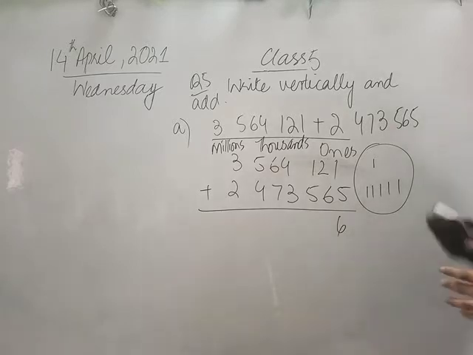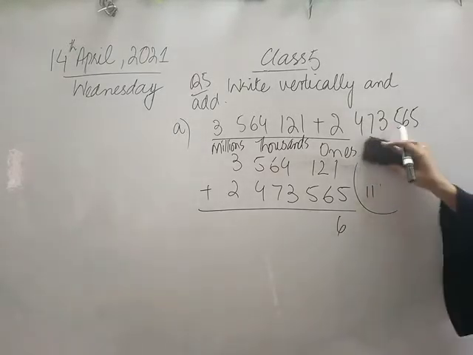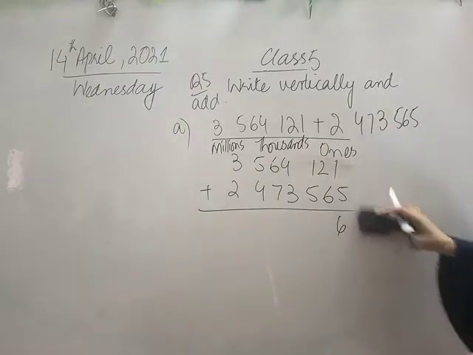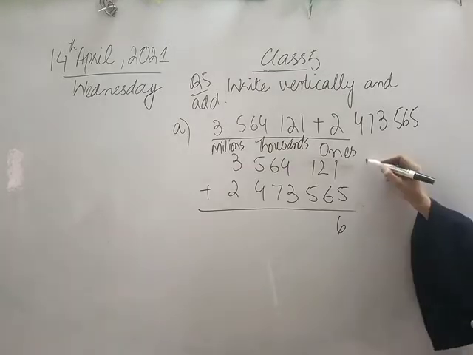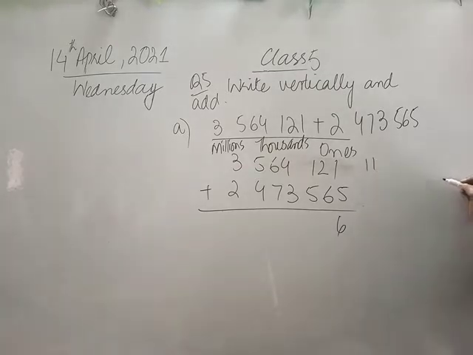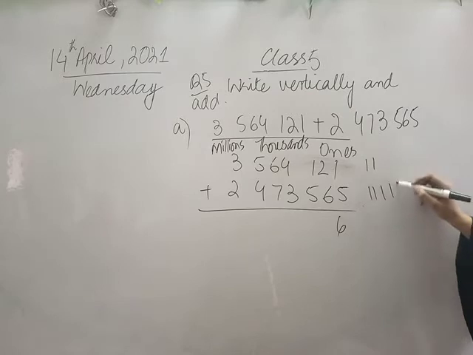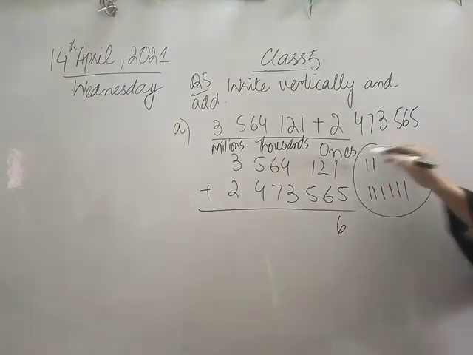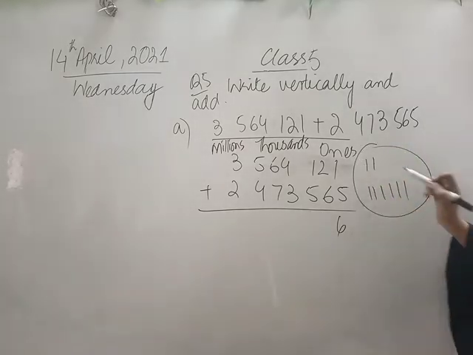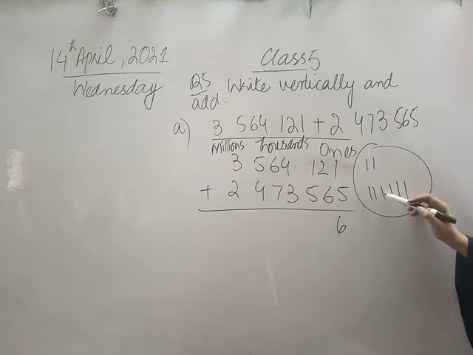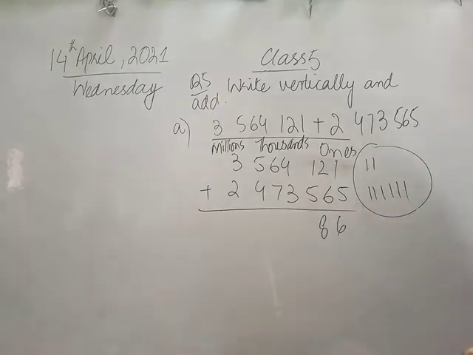Isn't it, class? Okay. Now the next number, which is 2 plus 6. 2 for upper and 6 for lower. 1, 2, 3, 4, 5, 6. In total I have 8. Okay class?